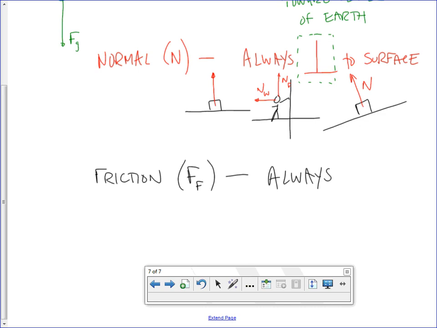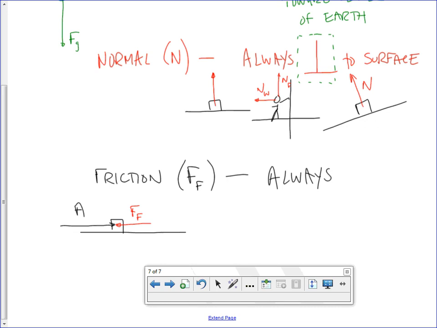Let's say that we have an object like this, and it's being pushed this way by an applied force. Well, by definition, there's going to be a friction force that points that way. How big depends on some other stuff.